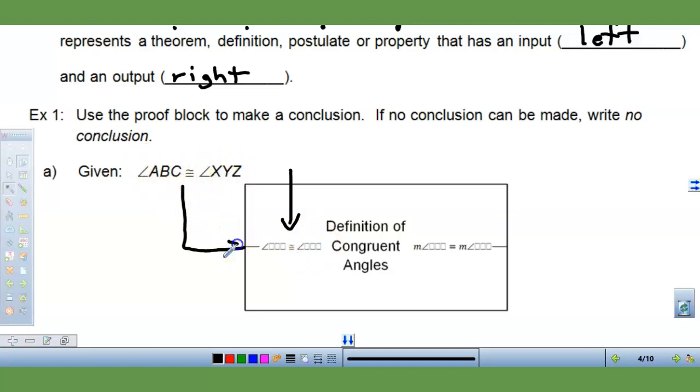We know if we put this statement into this definition, the result will come out the right-hand side, which means the measurement of ABC is equal to the measurement of angle XYZ.